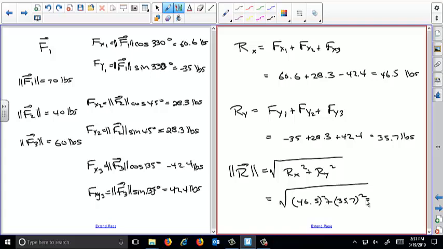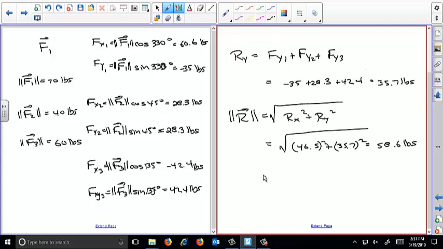And it should be, it's always bigger than the biggest value, but it depends upon how much different they are. So we get 58.6 pounds. So that's the magnitude. And the direction, so we have both a positive x component, positive y component. It's a little more in the x than the y, so it's going to be something like that.